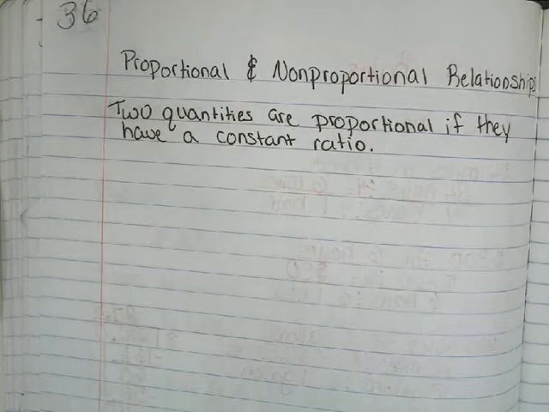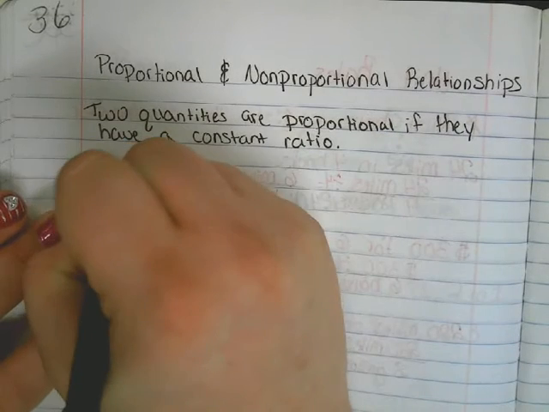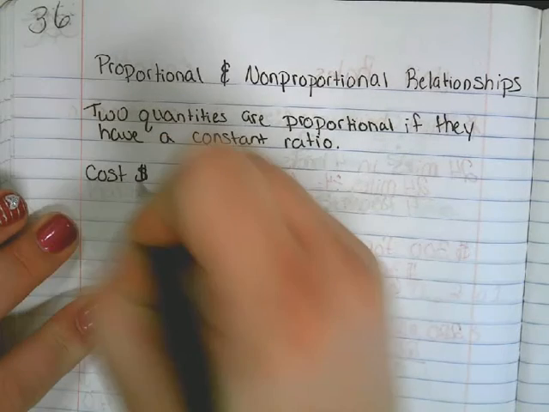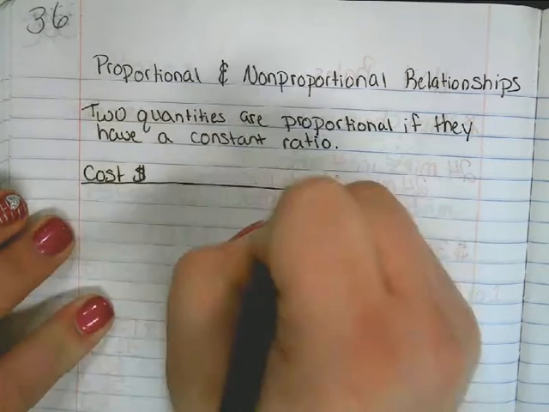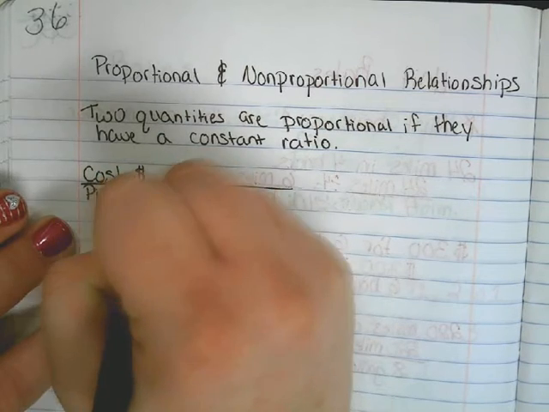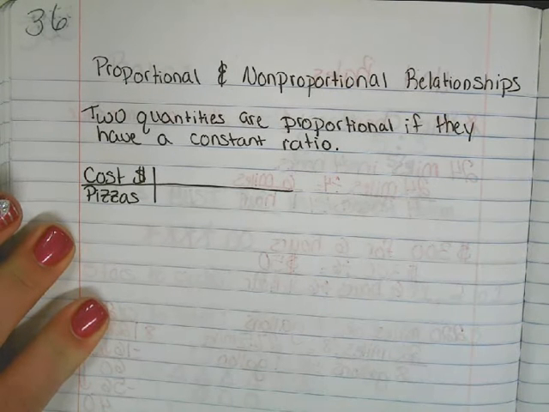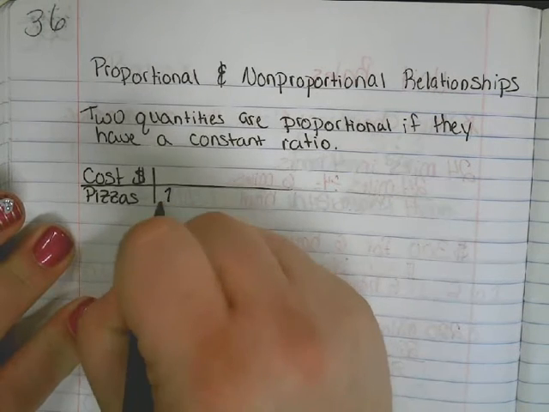So let's look at an example. Say we're looking at cost in terms of money, and we're comparing it to the number of pizzas bought. If I buy one pizza, it costs me $10.